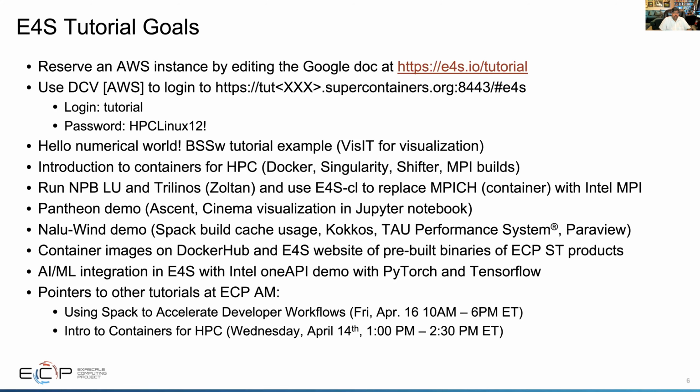It will have Cinema visualization. We'll use Jupyter notebooks. We'll have a Nalu-Wind demo. We'll use a Spack build cache to build this ECP application. Yes, we'll build a full ECP application from the binary build cache. It uses Trilinos, it uses Kokkos. We'll launch the TAU performance system to view its performance.